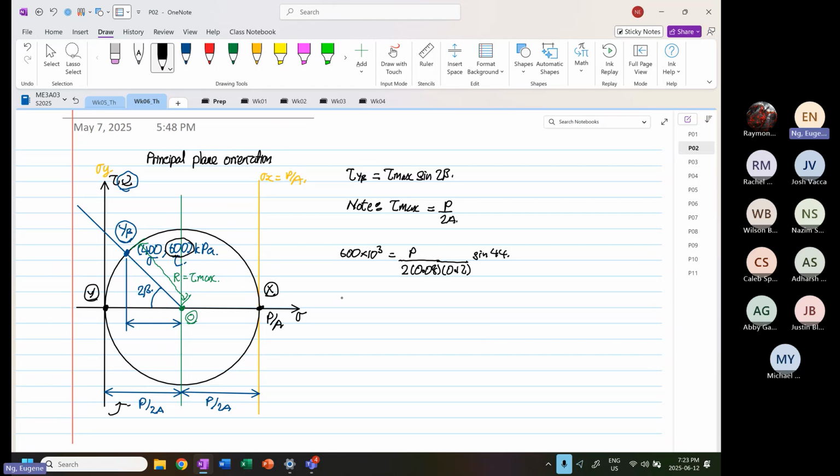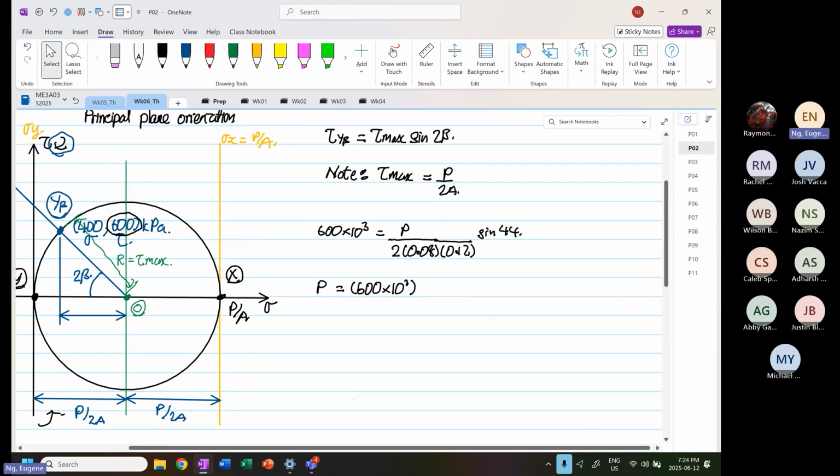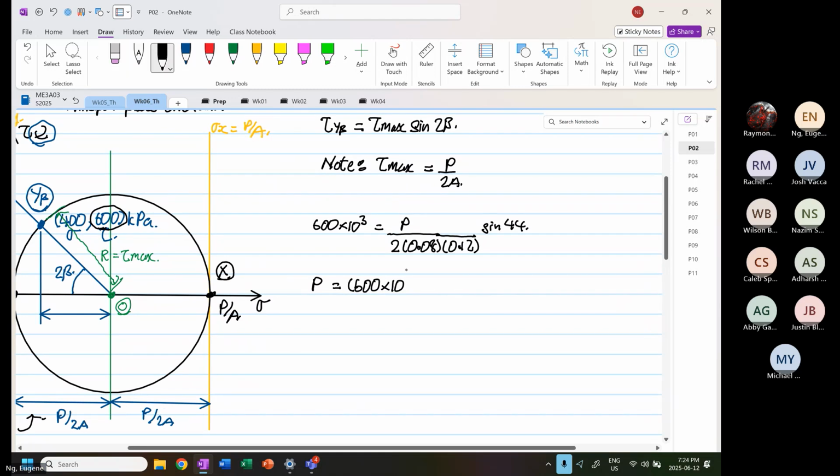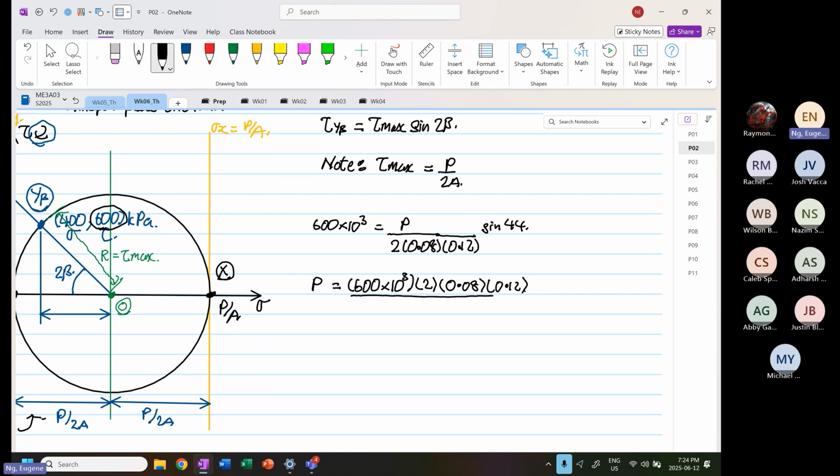Therefore P will be equal to 600 times 10 to the power 3 multiplied by 2, 0.08, 0.12, and then the whole thing we divide by sine 44, right? So this will be equal to 600 times 2 times 0.08 times 0.12 divided by sine 44, which is equal to 16.58.